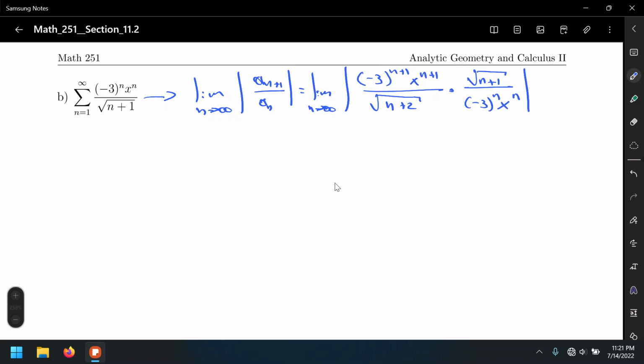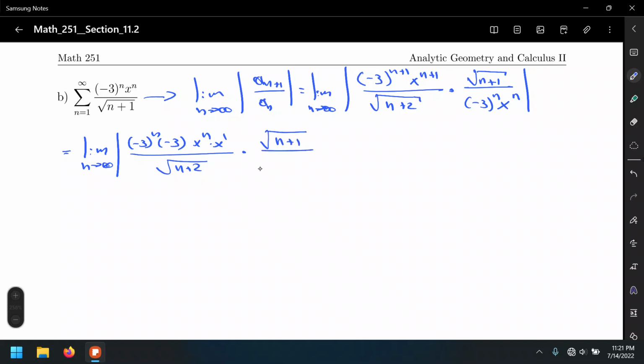Okay, so let's simplify this expression inside of the absolute value bars. To begin with, we can break up this negative 3 to the n plus 1 as negative 3 to the n times negative 3, and x to the n plus 1 as x to the n times x to the first, times the square root of n plus 1 over negative 3 to the n, x to the n.